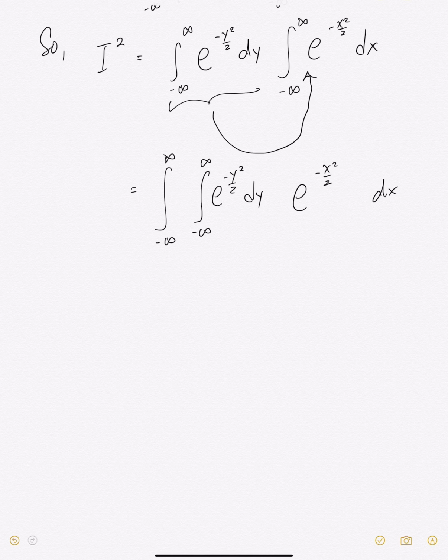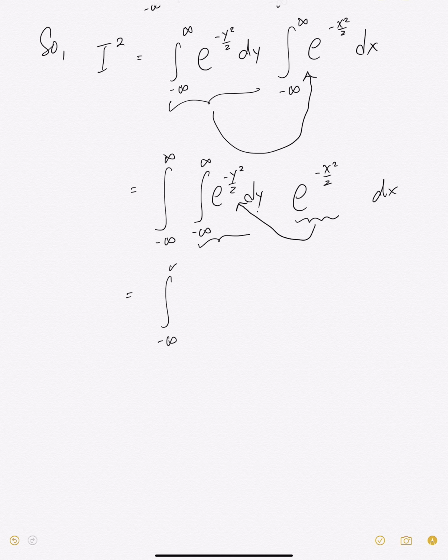Okay. And now we have this inside this integral. And as far as y goes, x is a constant, or any function of x is a constant. So we can take this and put it inside that integral. Oh, sorry. Yeah. So let's do that.